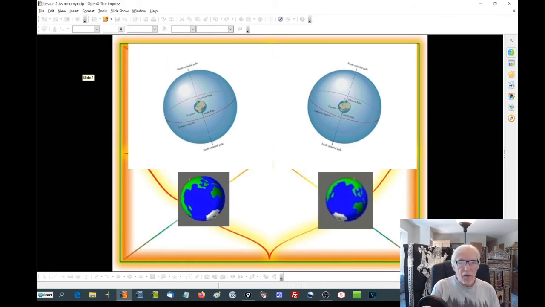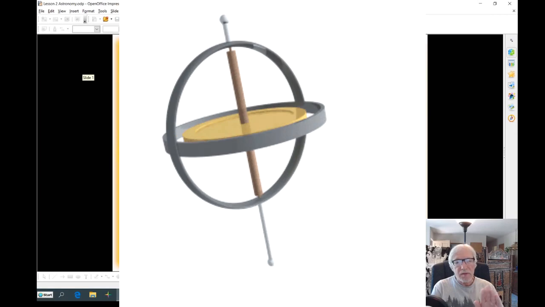The Earth, over thousands of years, tilts as it spins. So it tilts from one side to the other. This tilt is like a gyroscope. And that tilts one way, and then it tilts back the other way.